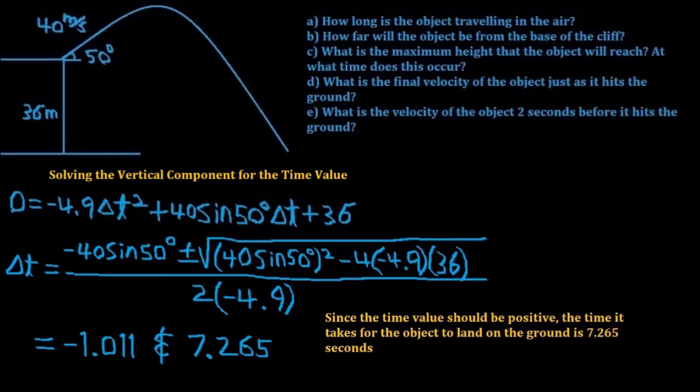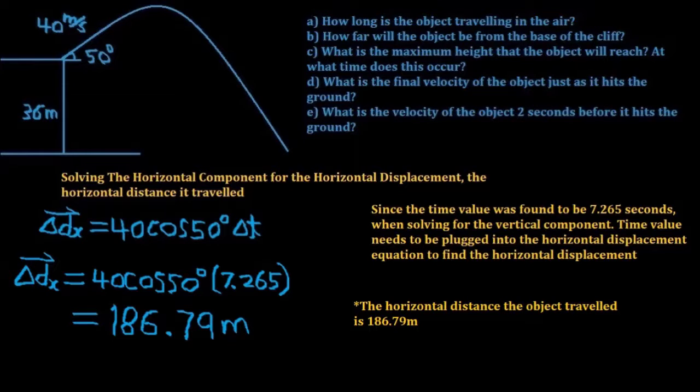Now we're also asked for the horizontal displacement, the horizontal distance it has traveled. We already know the horizontal velocity, so we just multiply velocity by time to get distance, and it came out as 186.79 meters.